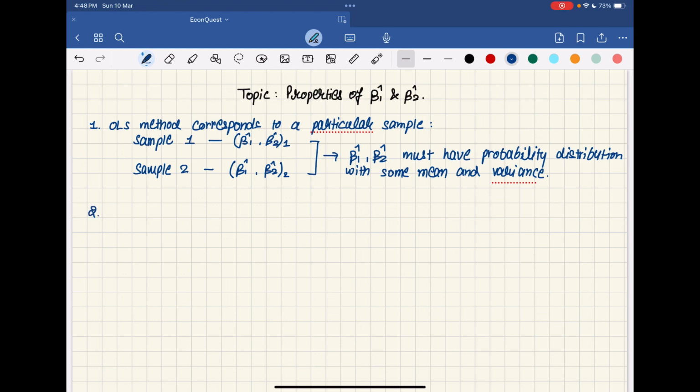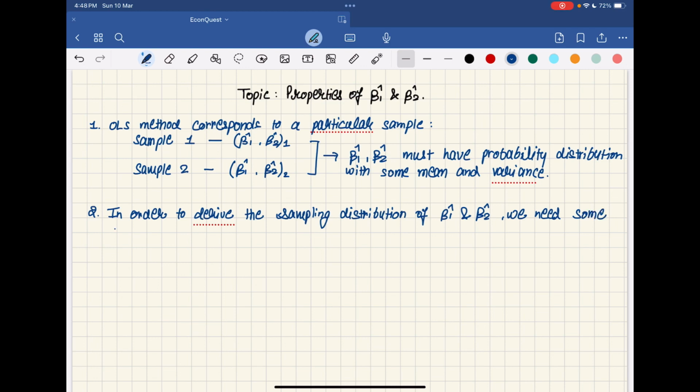The next thing is, in order to derive the sampling distribution of beta 1 hat and beta 2 hat, we need some assumptions about the population error term ui and xi, right?